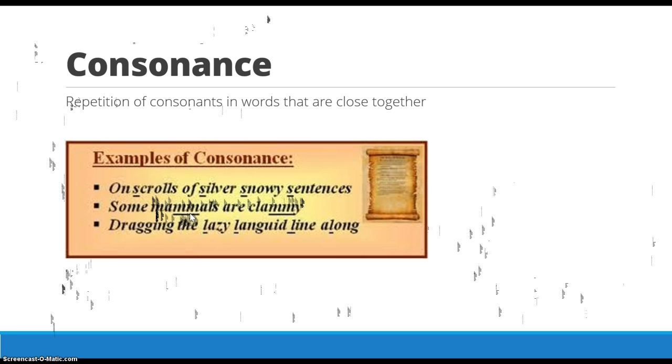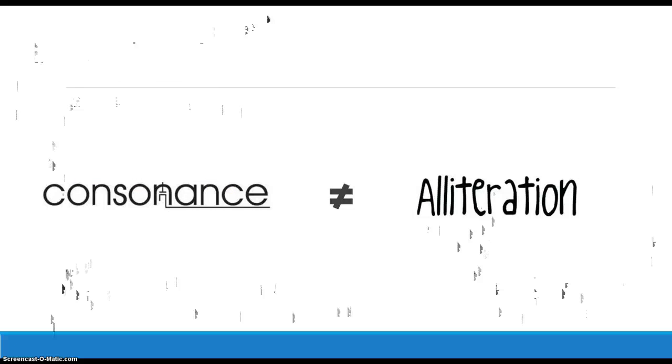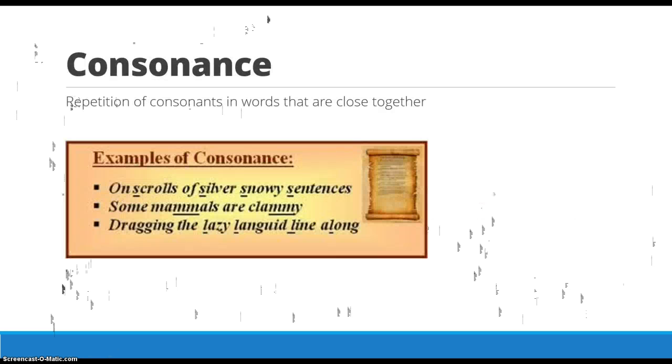So you might be thinking now, isn't this the same thing as alliteration? We've got the L's at the beginnings, we've got the S at the beginning of words. What's going on here? The answer is no. Consonance is not the same thing as alliteration. It took me forever to figure out how to insert this symbol. Hooray for me, I figured it out. Let's take a look back.